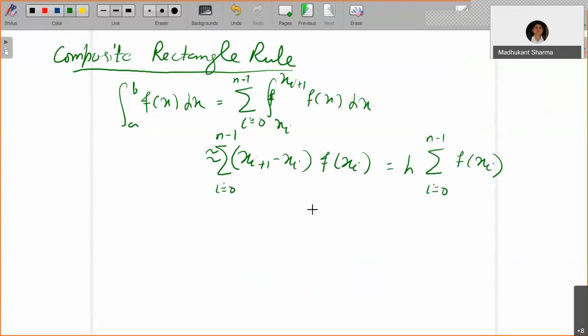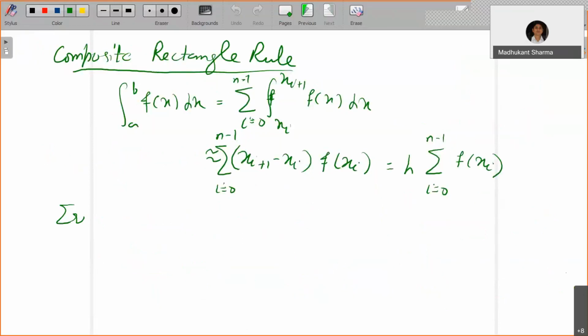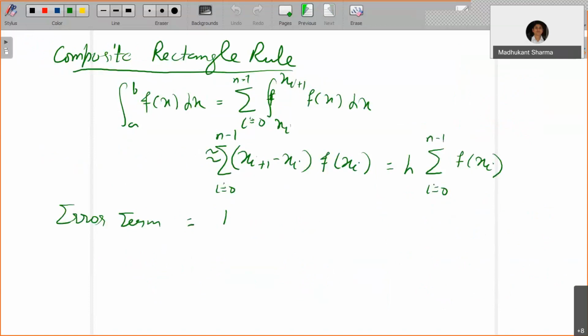And if you go with the error term, what you will get is f dash at eta by 2. So eta i will be there, and one more h will get cancelled, so you will have O of h only. The error term is going to be h square by 2 times summation i equals 0 to n minus 1 f dash at eta i.